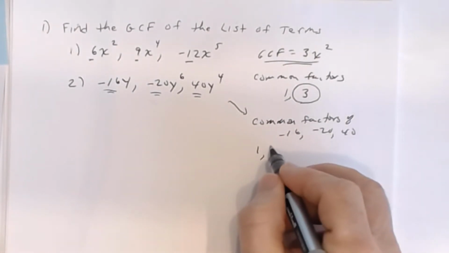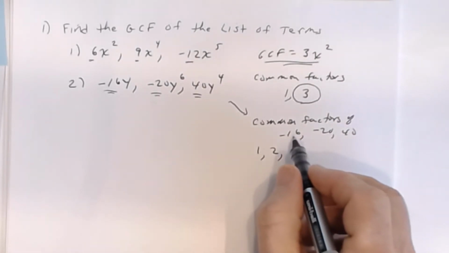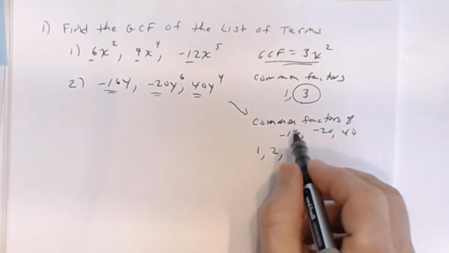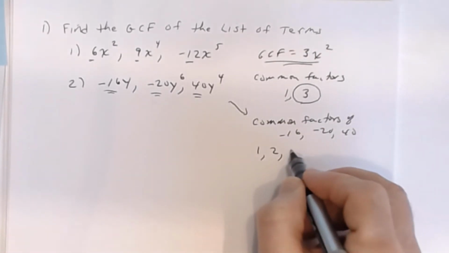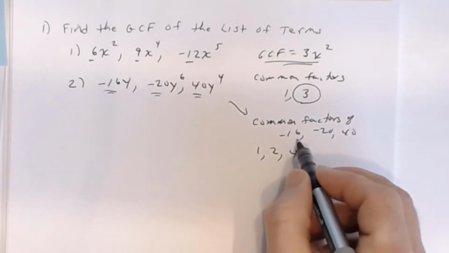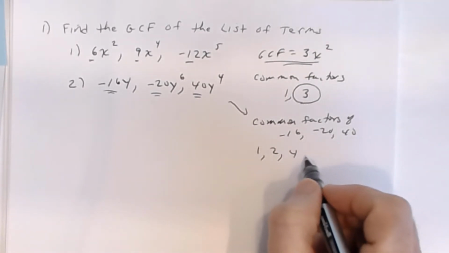So 2 is also a common factor. 4 is a common factor because 4 goes into negative 16, negative 20, and 40. And that's about it, right? Y'all agree that's about it?